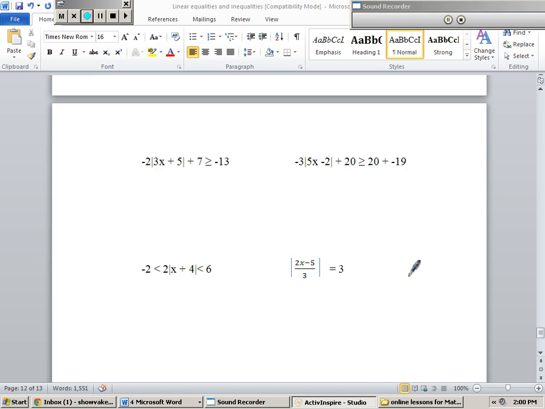The absolute value of 5x minus 2 is greater than or equal to 19/3. Split it in half. 5x minus 2 is less than or equal to 19/3, and 5x minus 2 is greater than or equal to negative 19/3.